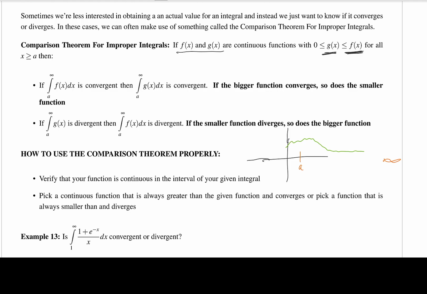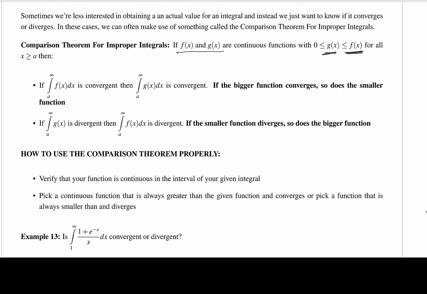Then if I take some g of x, which I'm going to represent with a blue curve, and it's always less than f of x but still positive, that means its area, the area under the curve of the blue curve, has to be smaller than the area under the curve of the green curve. So if the green curve converges, then the blue curve has to also converge. Alright, that's what I mean by if the bigger function converges, then so does the smaller function.